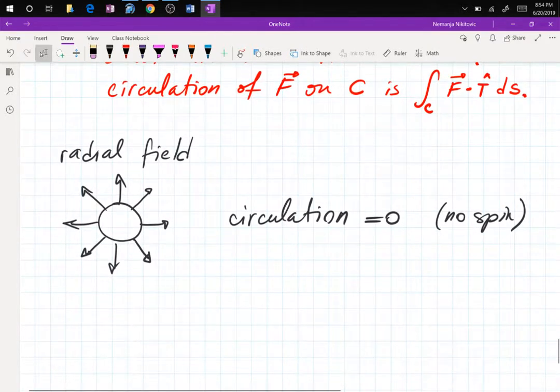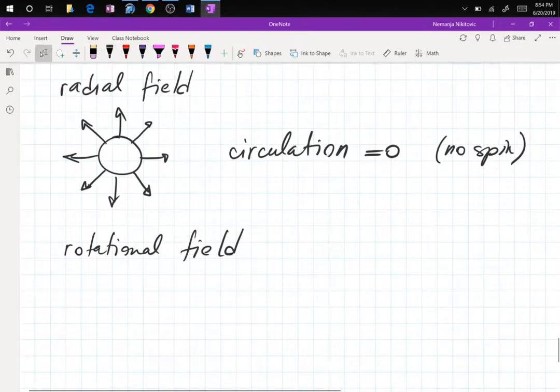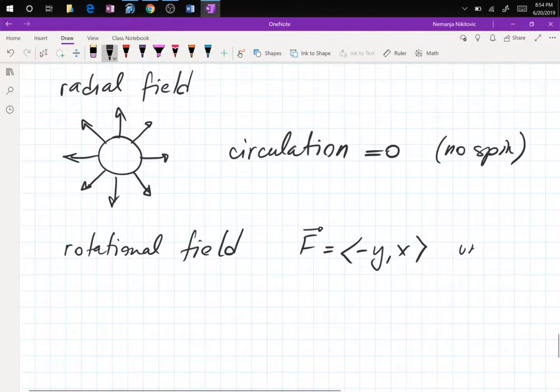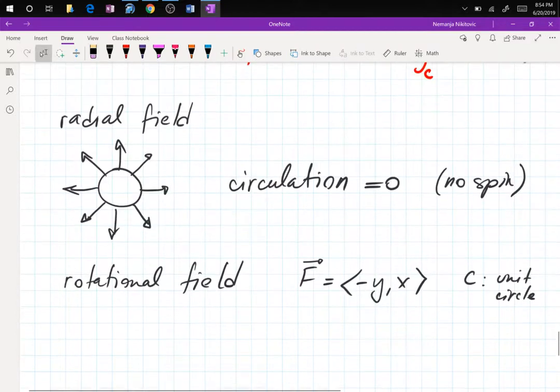However, rotational field, F equals, what are we going to do? Negative y, x. Let's do the unit circle again. So rotational field, is it going to have circulation?